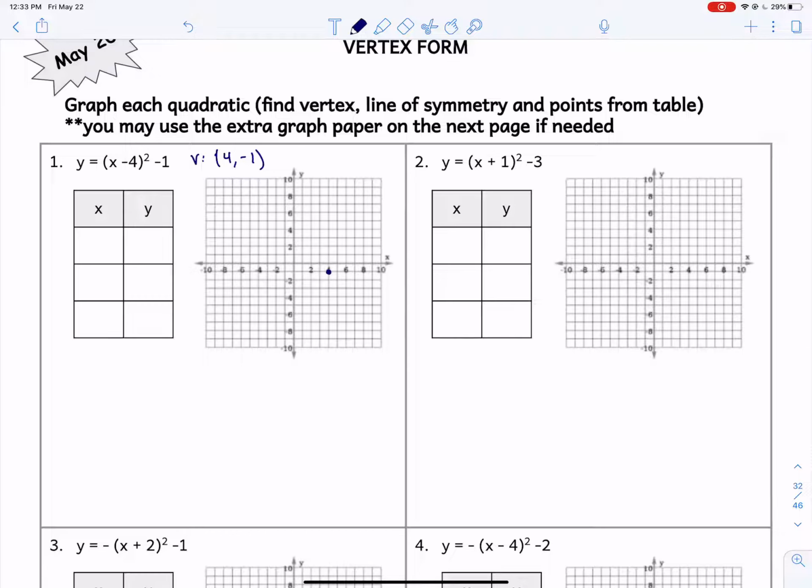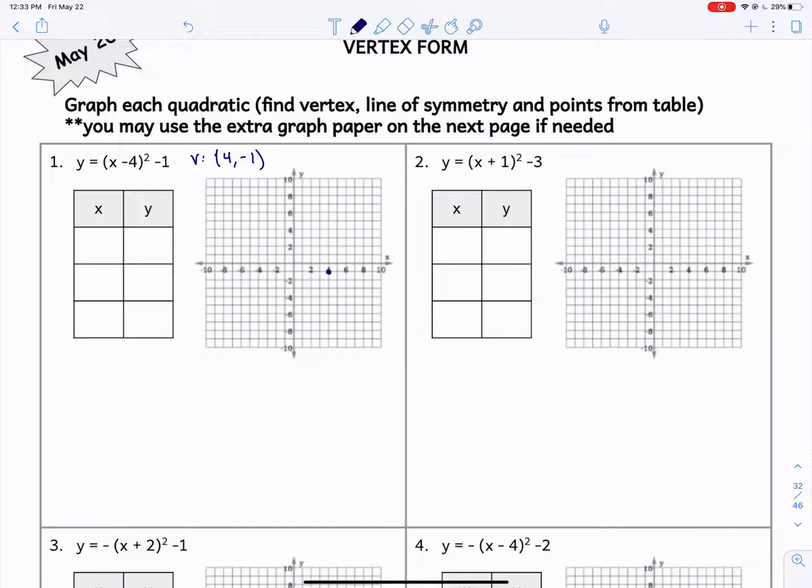So let's just use a table and see if we can come up with some values. If we do multiply it out, though, we could find the y-intercept, because this is not the y-intercept anymore. So the only thing we get from the vertex form is the vertex. So let's just substitute some numbers in and see if we can get some more points.